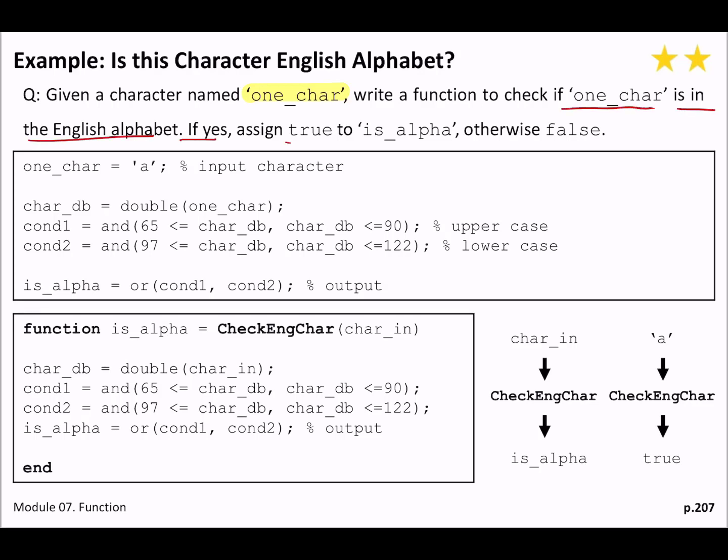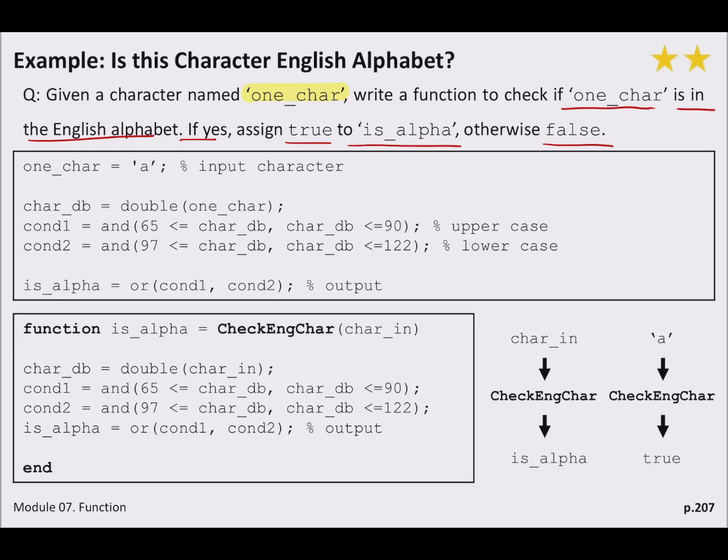If yes, true is assigned to is alpha, otherwise false. But you need to make sure that you can solve this problem. I mean, you can write a script using what we learned in the previous module. We have done so much practice to solve this type of problem, right?